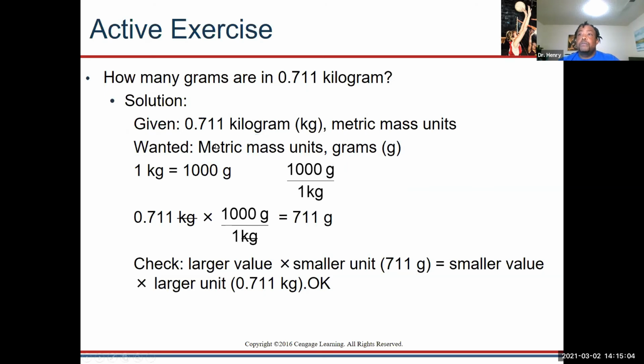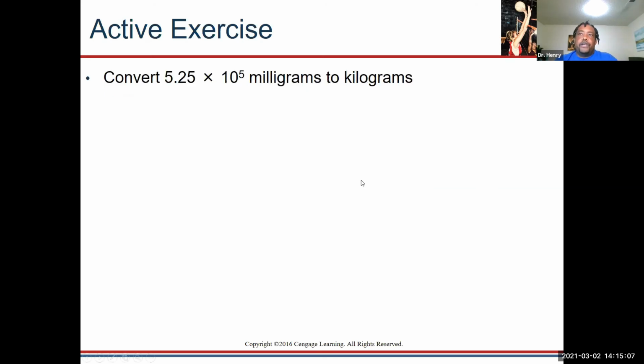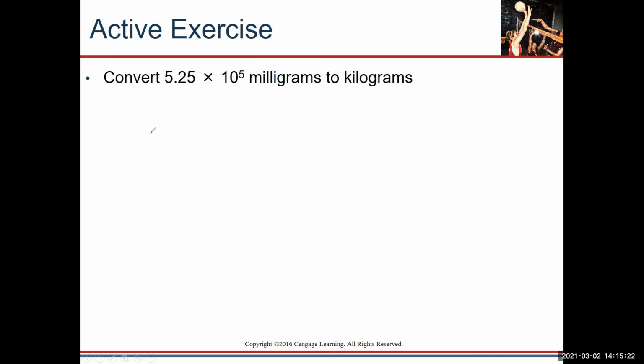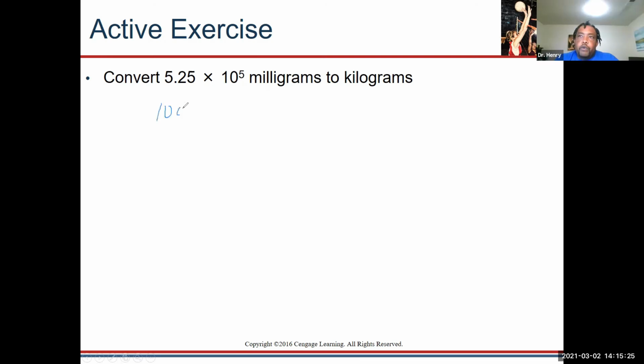Okay, so similarly, you could change your milligrams into kilograms. So what was the conversion for milligrams? 1,000 milligrams equal 1 gram. And then how many grams equal 1 kilogram? 1,000.